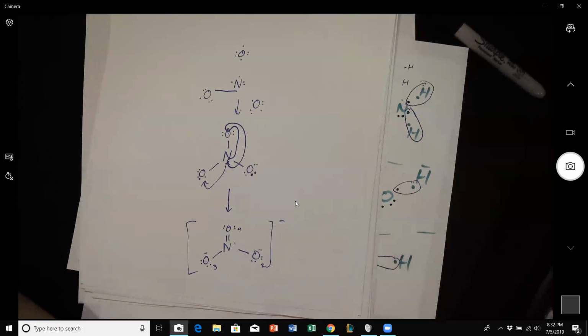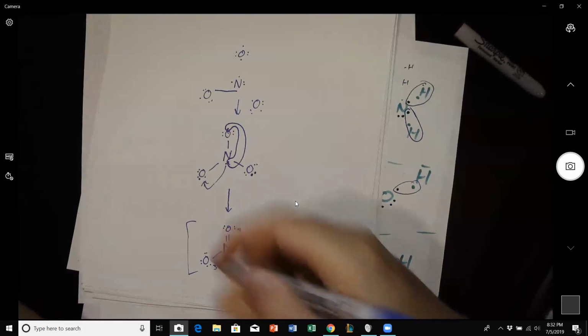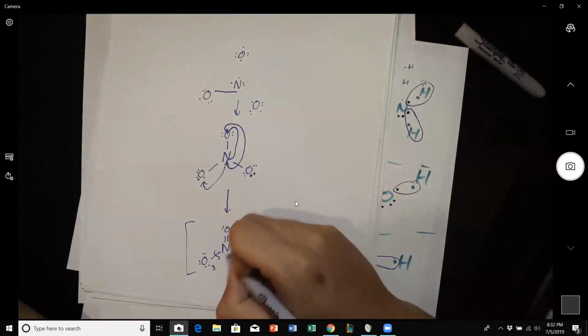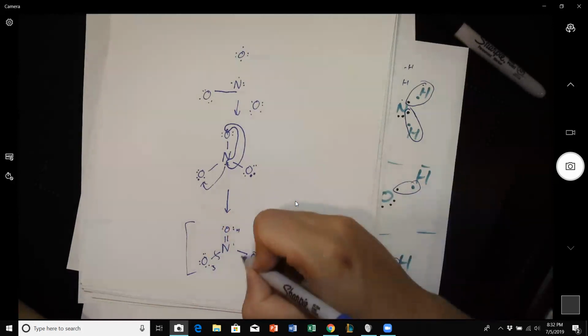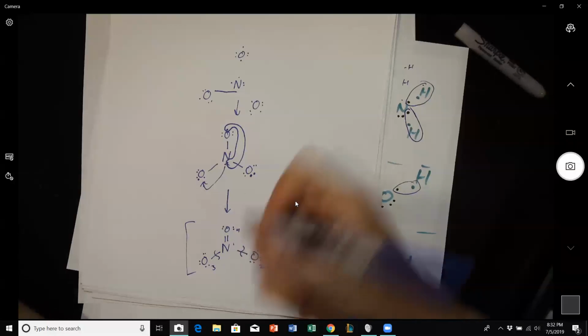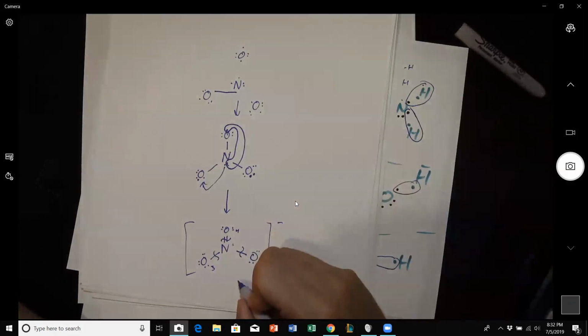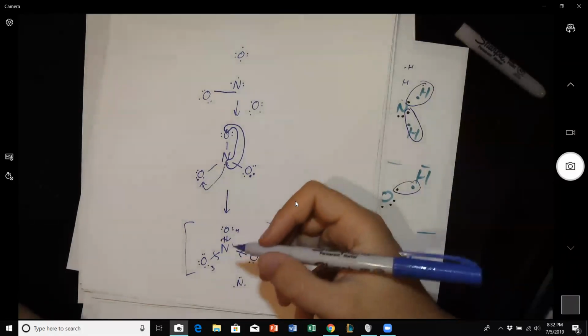No, it's okay. Let's just walk through this. We need to split this bond. So we give the nitrogen 1 electron from this bond, and then 1 electron from this bond. And then this is a double bond, so it has 4 electrons in total, so we split that in half and give the nitrogen 2 electrons. So we're left with this, right?